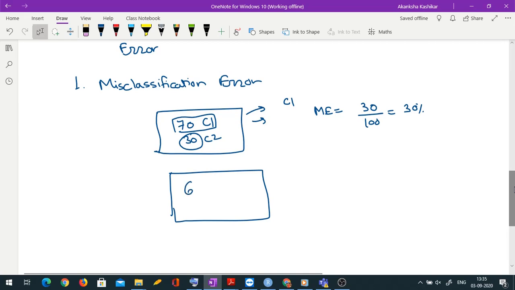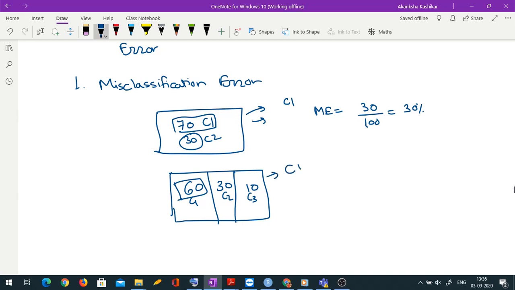So suppose I have 60, 30 and 10. So 60 observations from class 1, 30 observations from class 2 and 10 observations from class 3. Then because the majority is 60, my prediction is going to be class 1 again. And now the misclassification error is everything from the remaining classes upon the total number of observations.